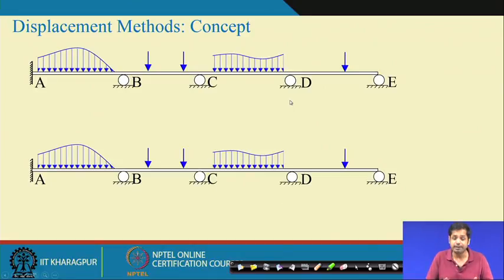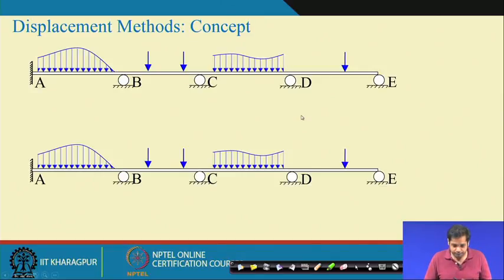When we say the kinematic indeterminacy is 4, we neglect the axial deformation in this structure. If we only allow two kinds of deformation, the transverse deformation and the rotation at any joint, then only can we say the kinematic indeterminacy is 4. Otherwise, the axial deformation also needs to be taken into account, which we are not doing right now.